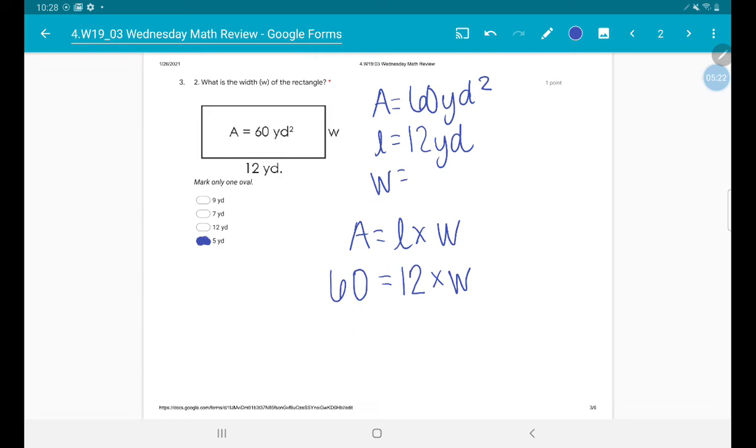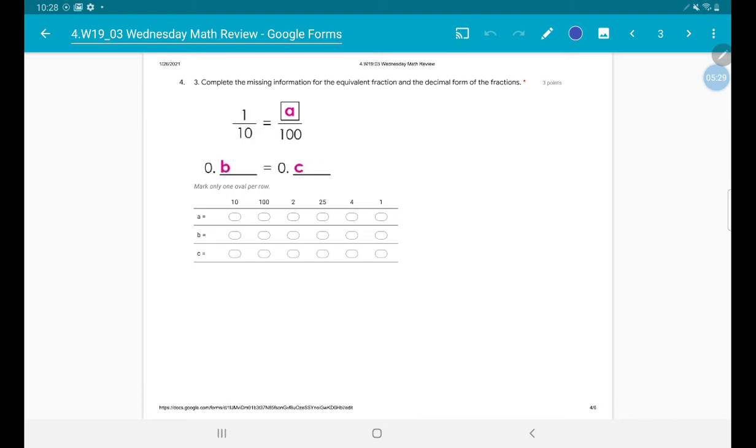Alright, we should be really good at those area problems by now. Alright, here's the next one. This is one I want us to really talk about. It says complete the missing information for the equivalent fraction and the decimal form of the fractions. So we're pretty comfortable with fractions.